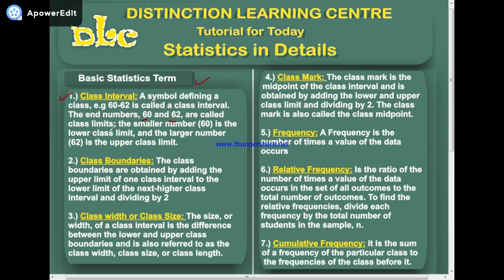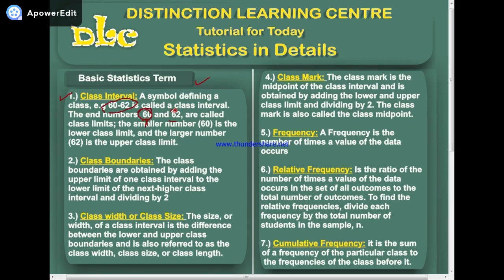Now, the end numbers, 60 and 62, are called class limits. If you don't want to call it together like this, and you want to call only the 60, you will not call it class interval. Instead, you call it the lower class limit.